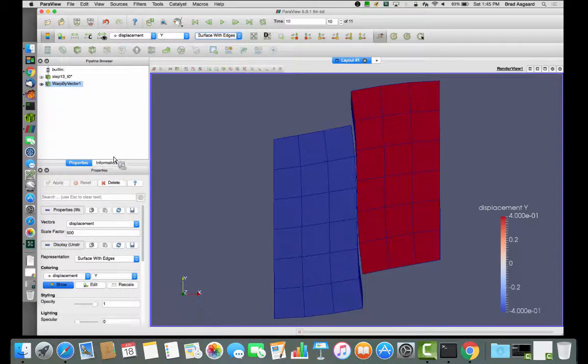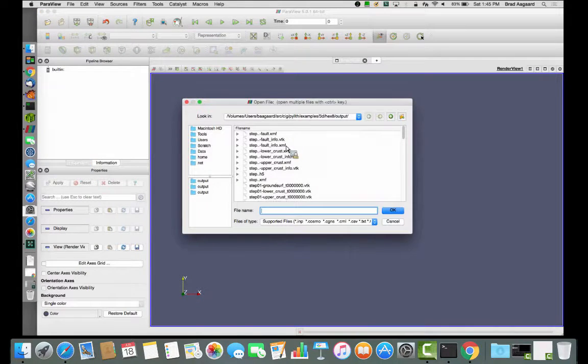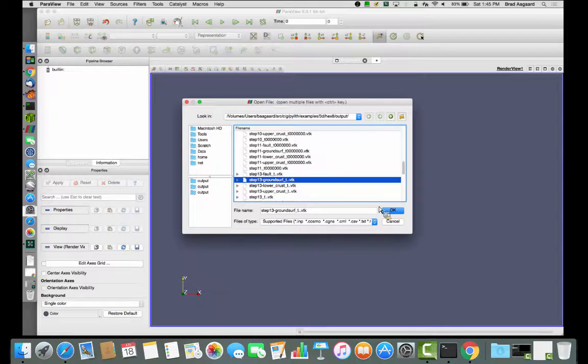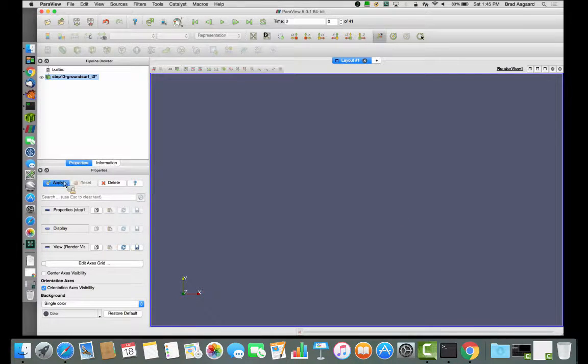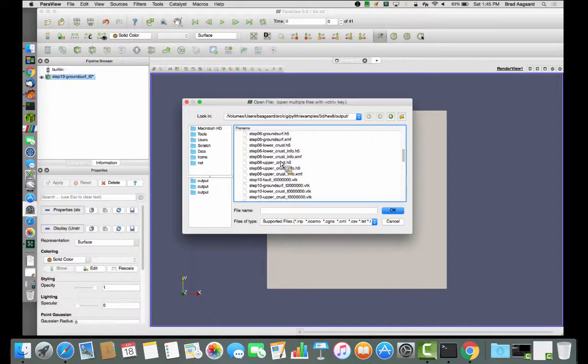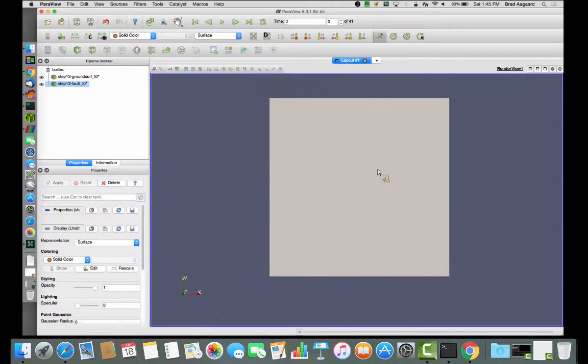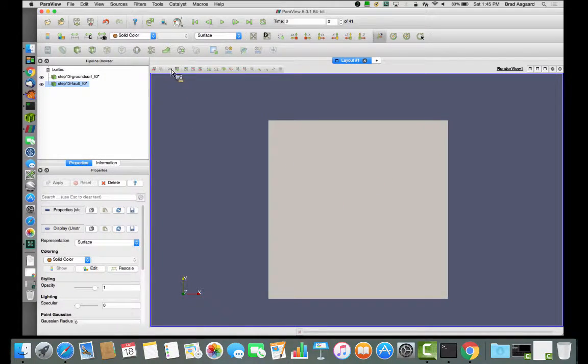We didn't write out that much information. For the ground surface, we output more time steps. So let's do step 3, the ground surface. Let's also add in step 13 on the fault. Whoops, gotta go 3D mode.